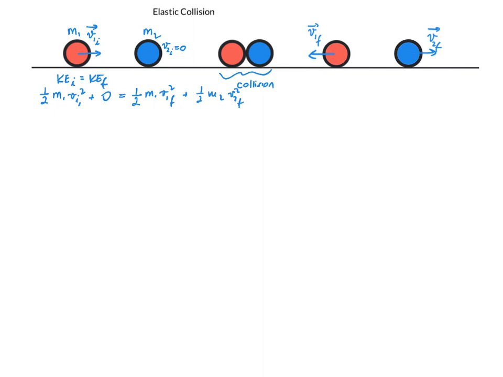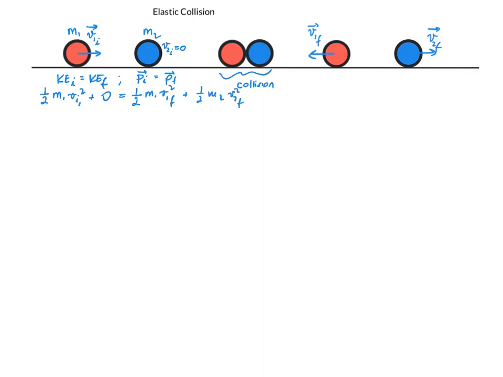Then we also know that momentum is conserved. So I have momentum before the collision equal to momentum after the collision. I made this one-dimensional so that I can keep the momenta as scalars rather than vectors. I'm going to get rid of the vector symbol over that.